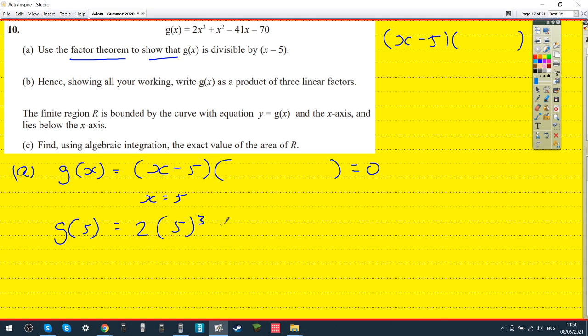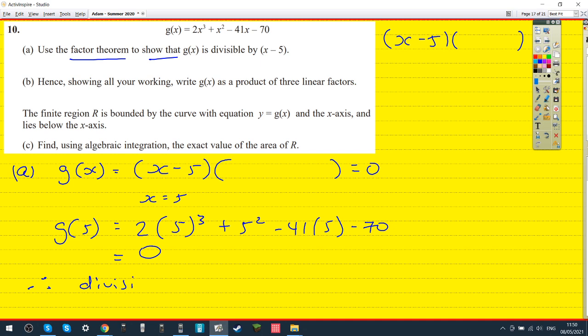Okay. Which is 0. Last thing you have to say: g of x is divisible by x minus 5, because it's equal to 0.